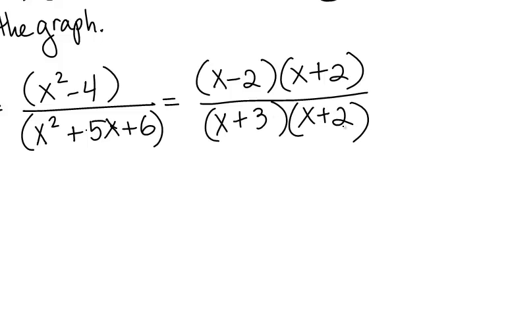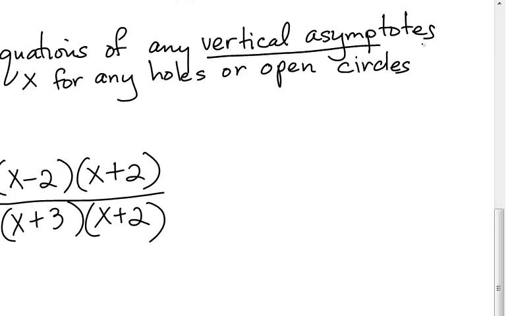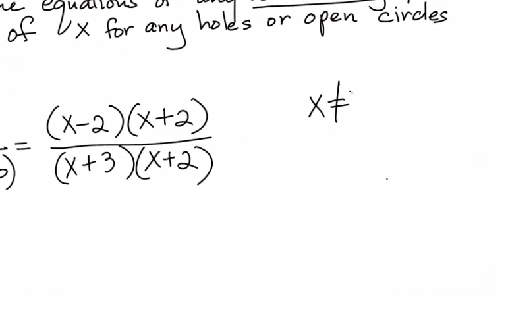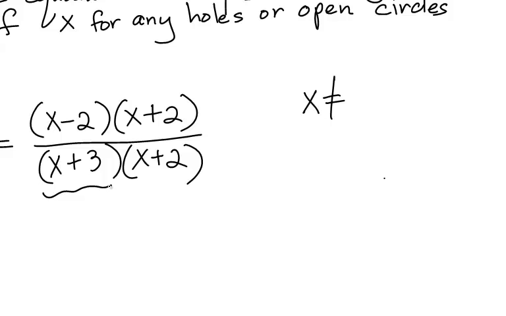Now, when it asks for vertical asymptotes, the vertical asymptotes and the open circles have to come from the denominator. So you look at the denominator and say x cannot equal, what's going to make that denominator 0? What's going to make this 0?